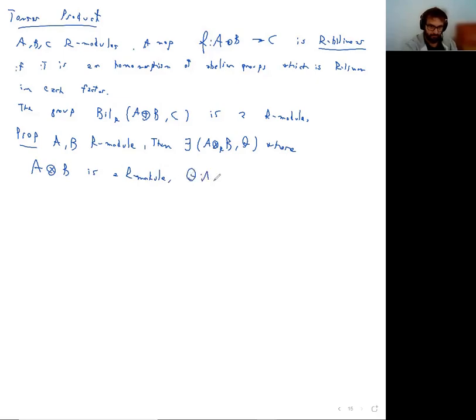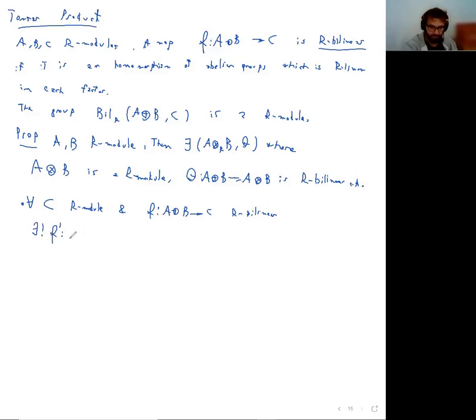Theta is a map from A plus B into A tensor B, and this is our bilinear map, such that for every C, our module, and every map F from A plus B into C, which is bilinear, there exists a unique way to factorize it.